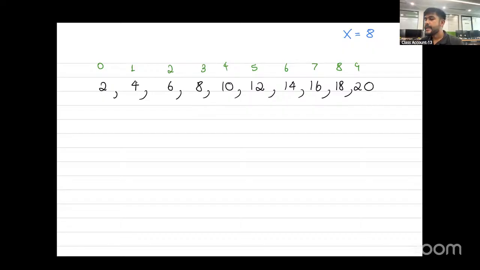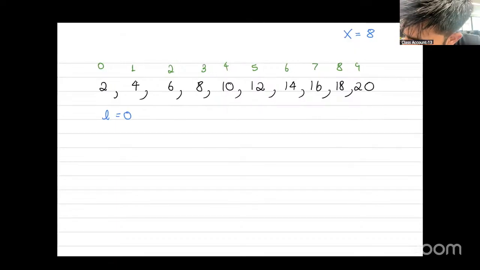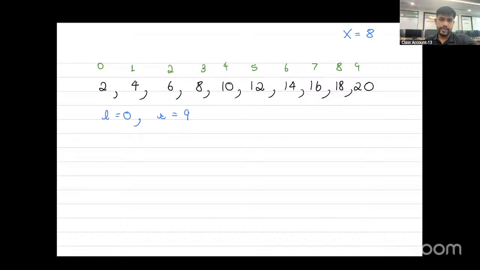So what I do is I start off with the entire dictionary. I say that initially I need to do the searching from L to the entire R, that is 9. So what I did was I scrolled a bit and then landed in the middle. Instead of scrolling to the middle, I would find the middle.